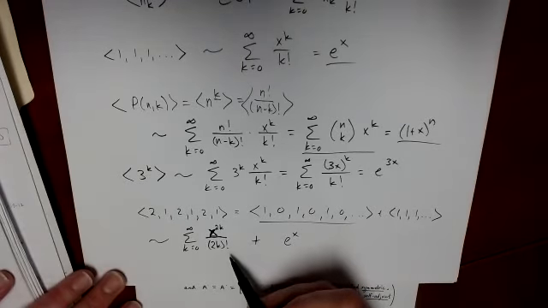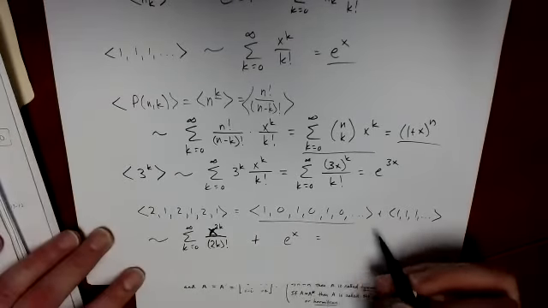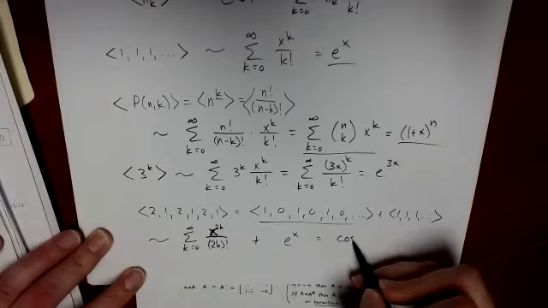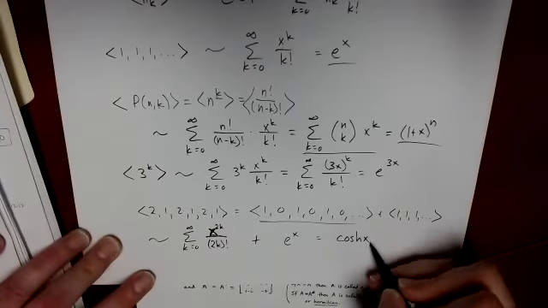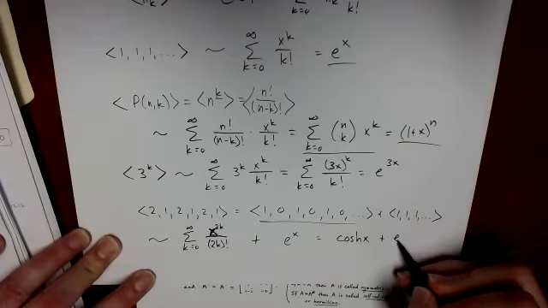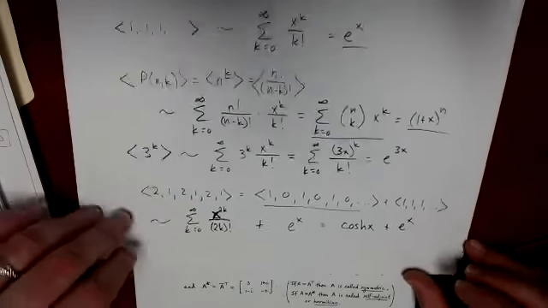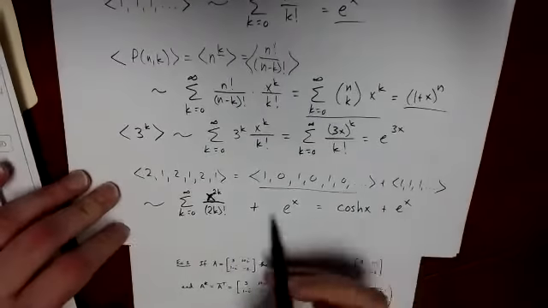This one here we can write as, that is the hyperbolic cosine of x plus e to the x.